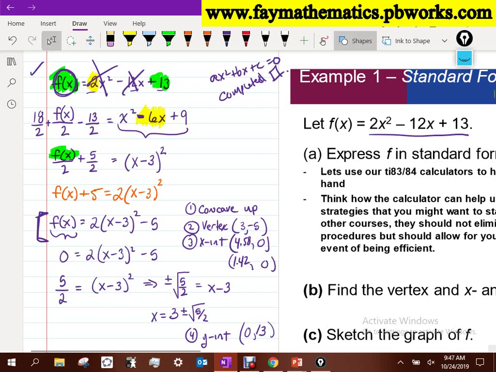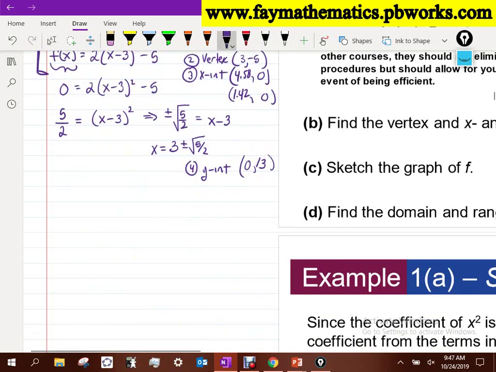So if we were to graph this stuff now, this is the purpose of this. We now know we've got a vertex at (3, -5). Okay, we've got x-intercepts at 4.58 and 1.42, maybe there.